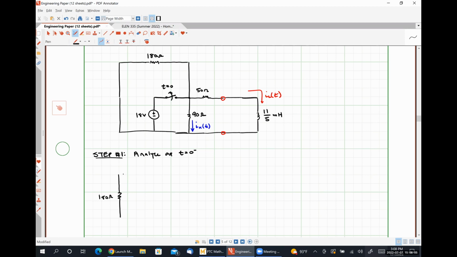So here's my 180 ohm resistor. Here's my 18 volt source.